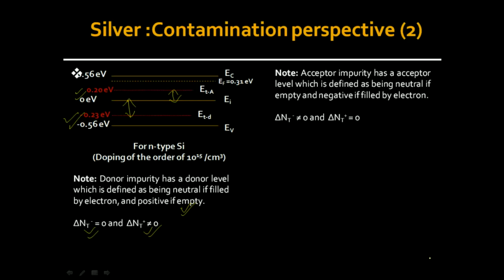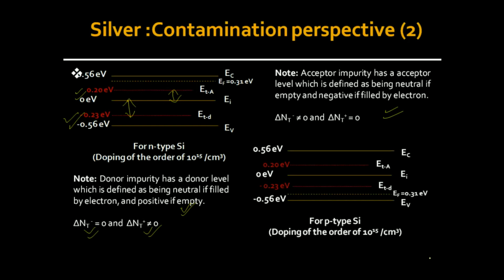Similarly, an acceptor impurity is defined as neutral if empty and negative if filled by an electron. Here again, for a p-type silicon with a doping concentration of 10 to the power 15 per centimeter cube, that concentration we have chosen, whether you are going for an n-type solar cell or a p-type solar cell. In this case again, the Fermi level is below the donor level trap state.